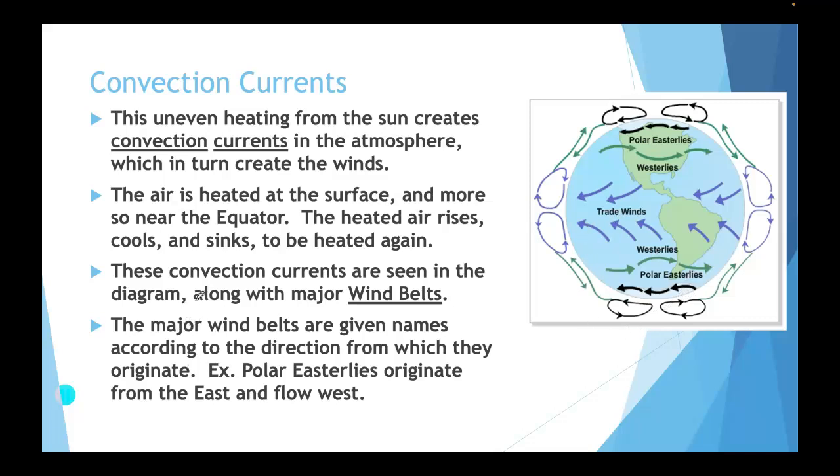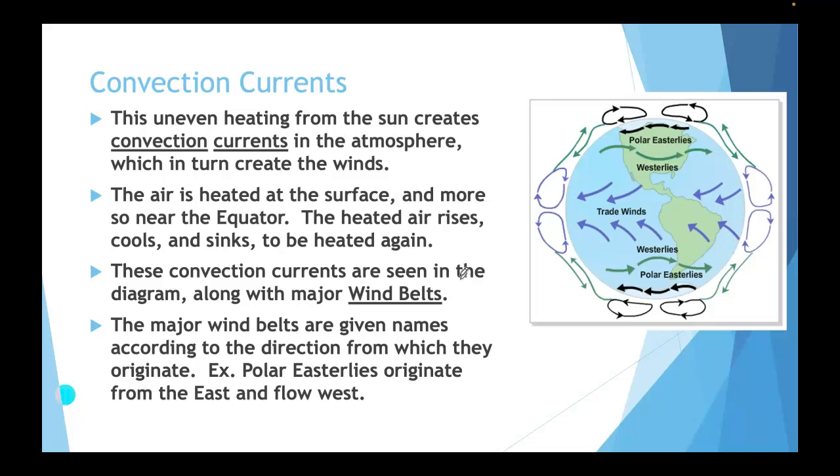The major wind belts are given names according to the direction from which they originate. So if they are coming from the west, they're the westerlies, even though they blow east, and the polar easterlies are easterlies because that's where they're coming from, even though they blow to the west. The question on your sheet that it asks about is, what are convection currents?